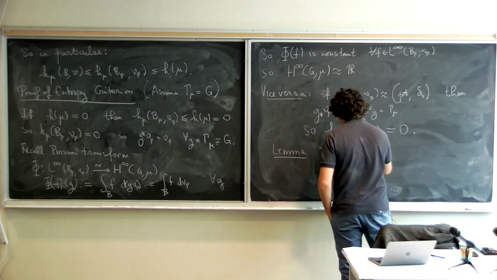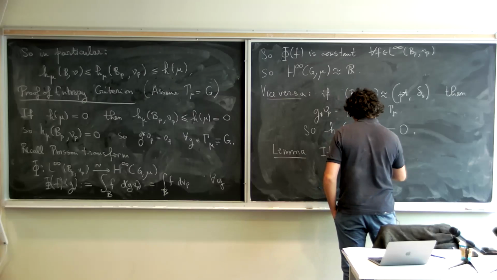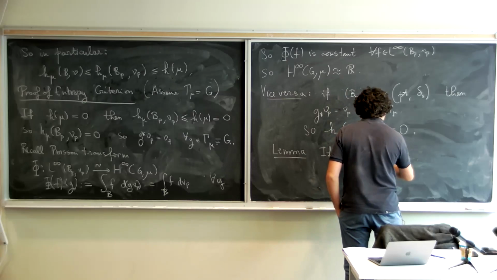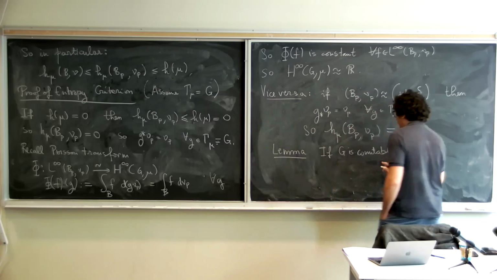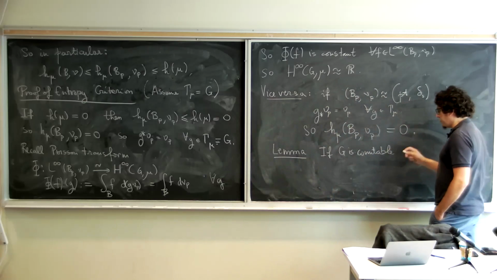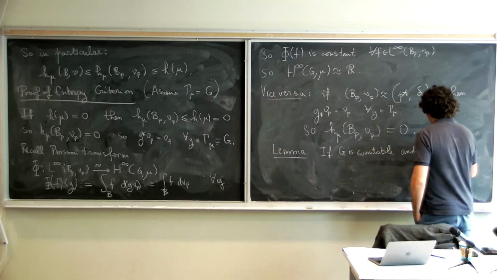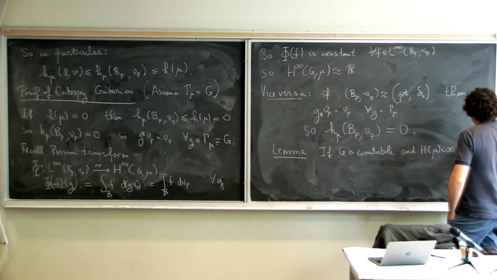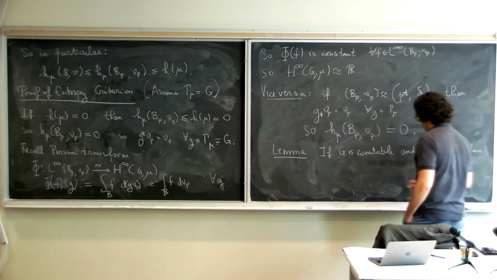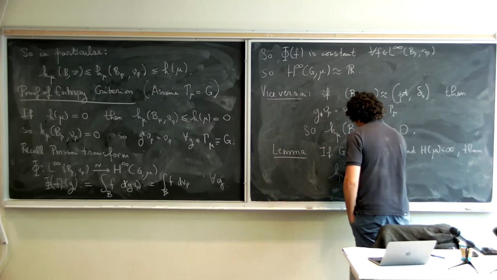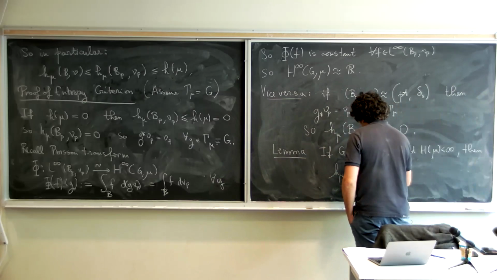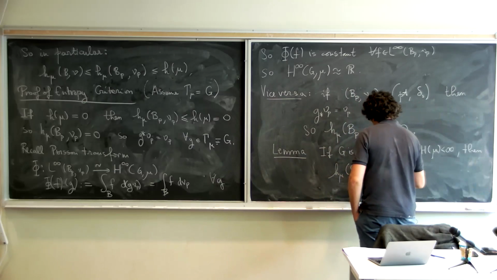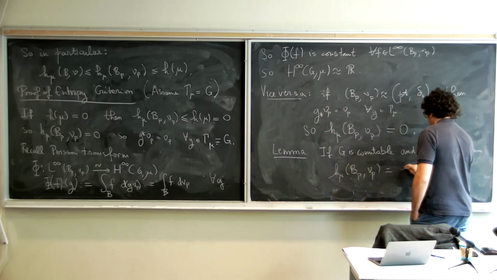Again, if G is countable, let me write it like that, because we can define the Furstenberg entropy for a non-countable group, but we don't care at the moment. And again, if the entropy is finite, then the Furstenberg entropy of the Poisson boundary equals h_mu.